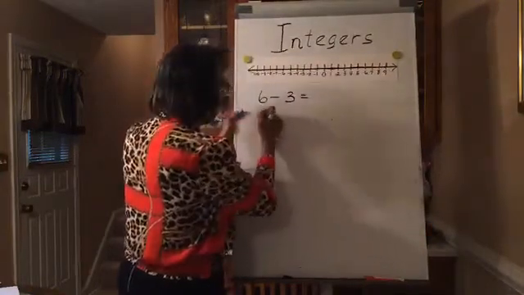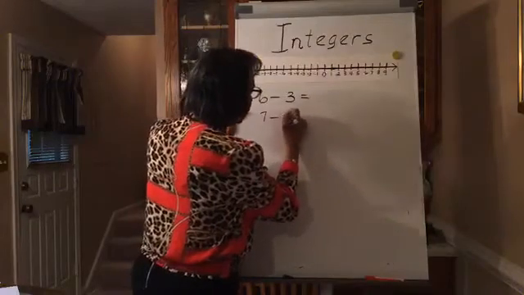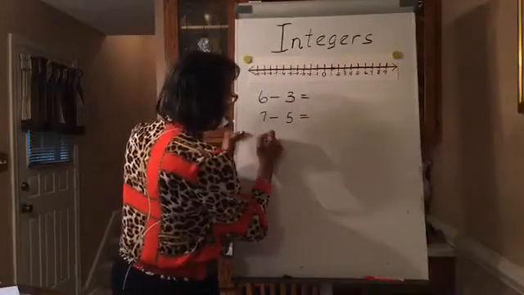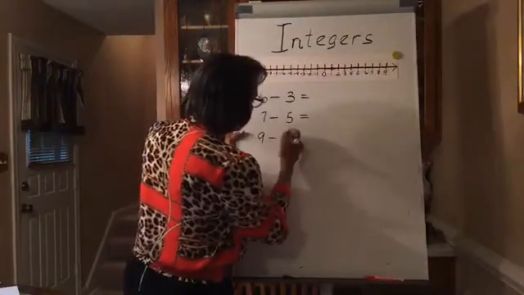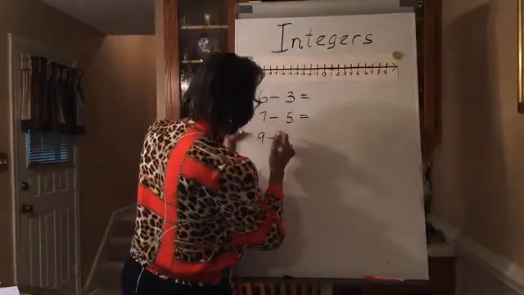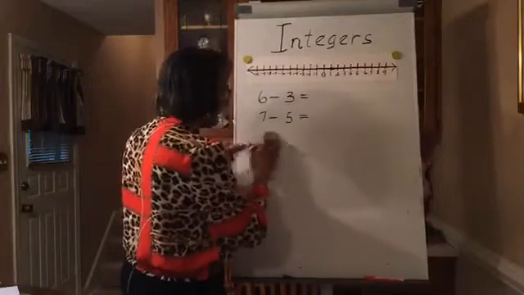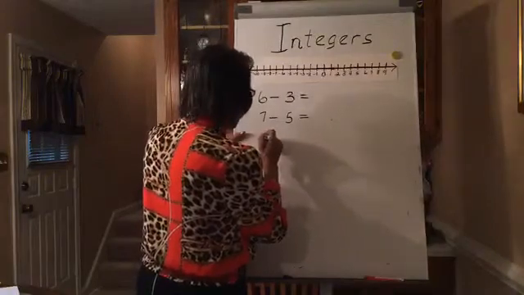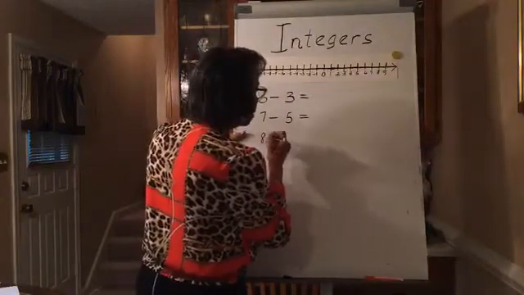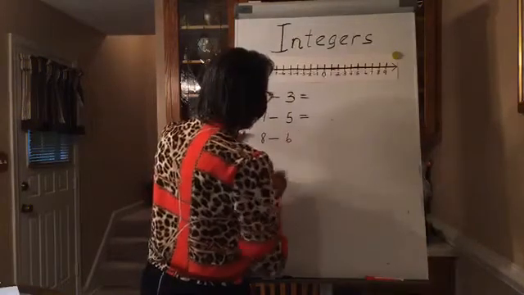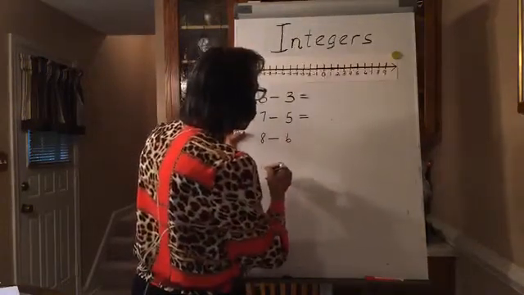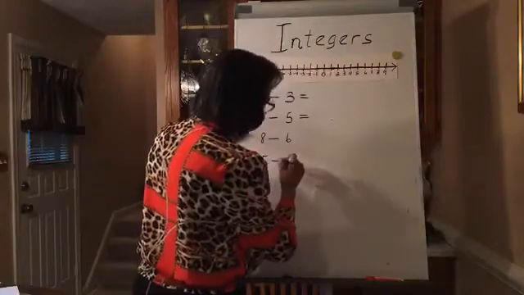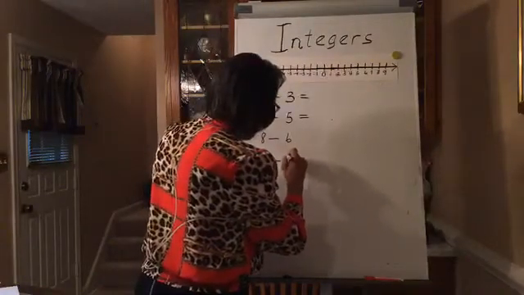Then 7 minus positive 5. Let's do 8 minus 6. Let's do 5 minus 1.